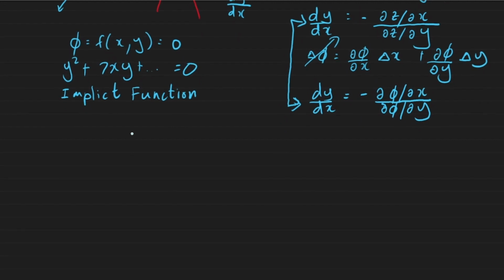When we do that, we get dy dx is equal to minus del z dx divided by del z dy, and this is equal to minus del phi dx divided by del phi dy.